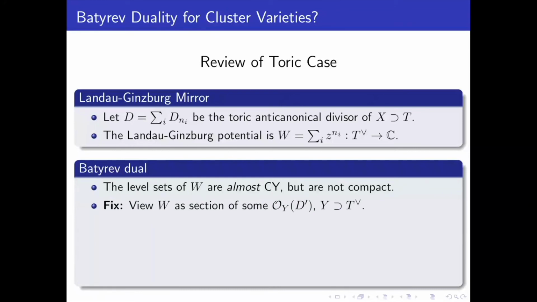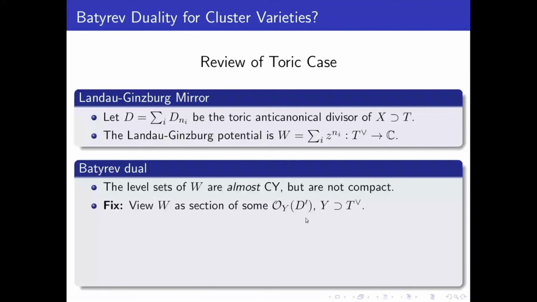We can fix this by trying to view W as a section of some O_Y of D prime, where Y is a compactification of the dual torus, some toric variety compactifying the dual torus.